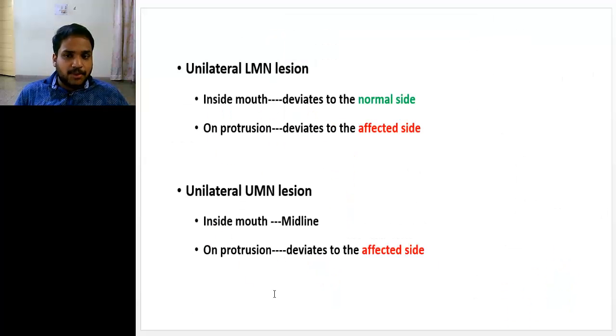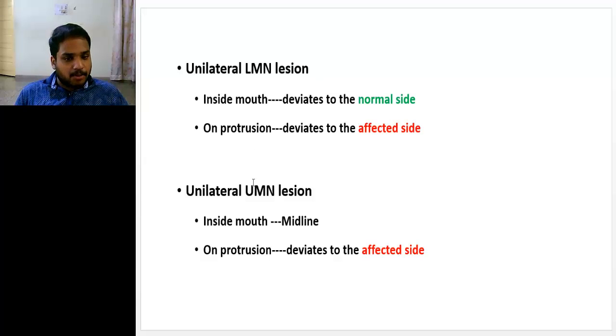So how will you differentiate between a unilateral lower motor neuron lesion and a unilateral upper motor neuron lesion? In case of a lower motor neuron lesion, you ask the patient to open the mouth, not to protrude. Once the tongue is inside the mouth, it will deviate to the normal side, and on protrusion, it deviates to the affected side. So that is a unilateral LMN lesion.